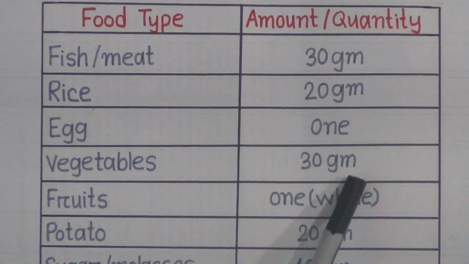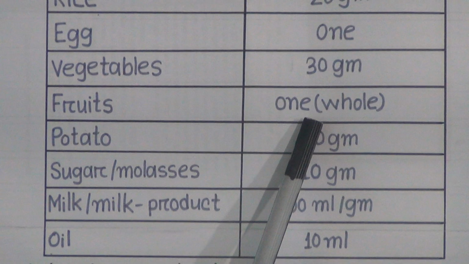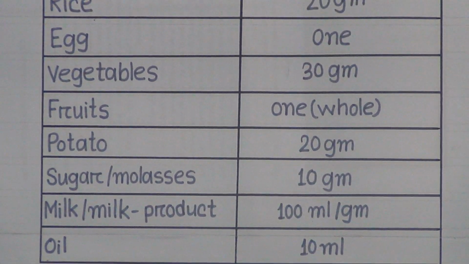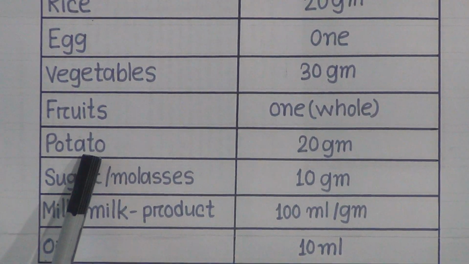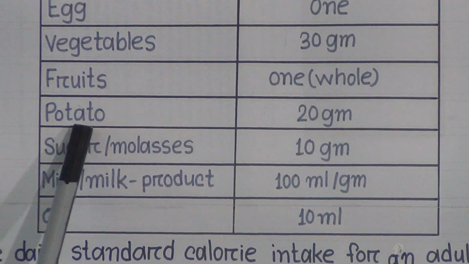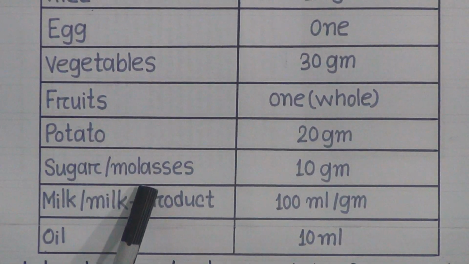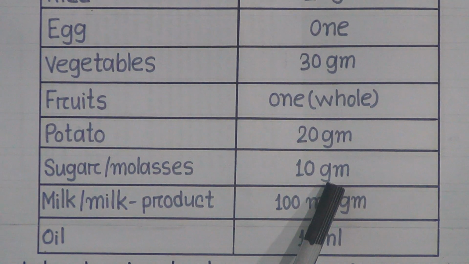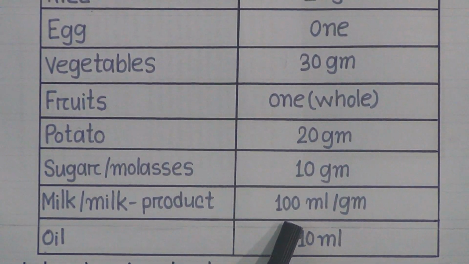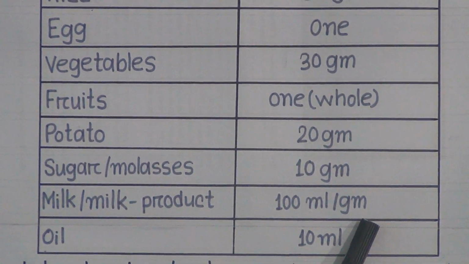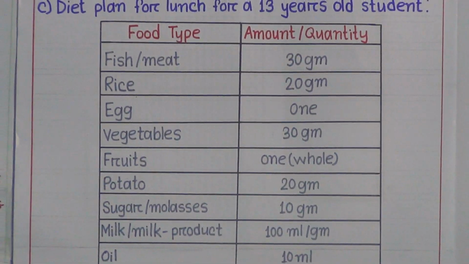Vegetables, 30 grams. Fruits, one whole fruit. Potato, 20 grams. Sugar or molasses, 10 grams. Milk or milk products, 100 ml or gram. And at last, oil, 10 milligram.